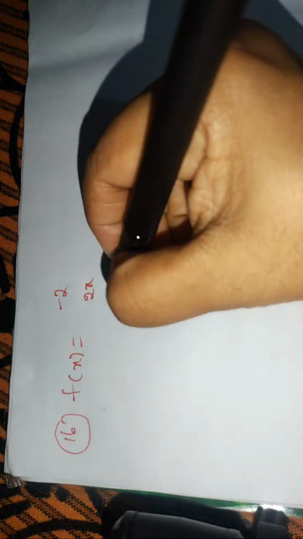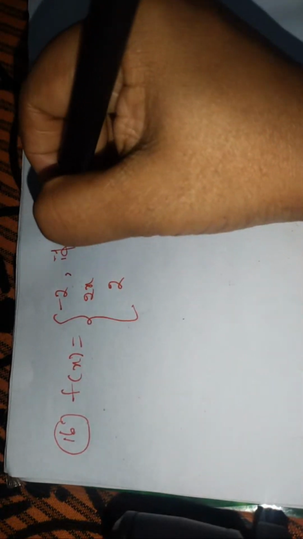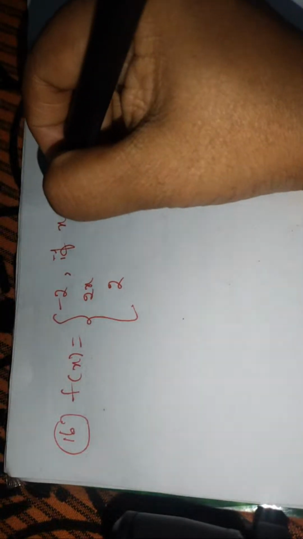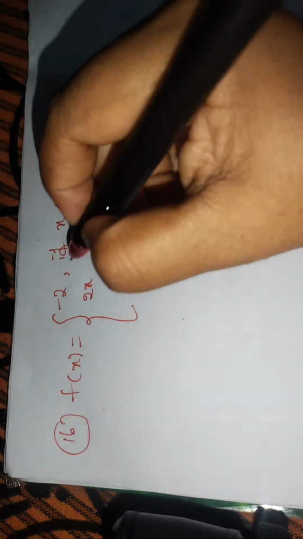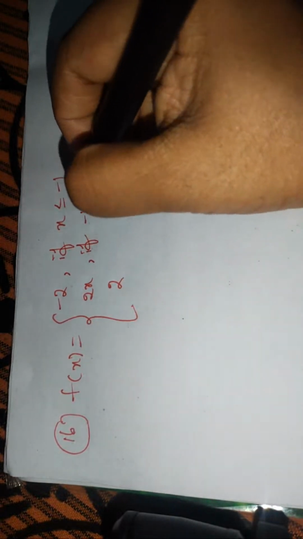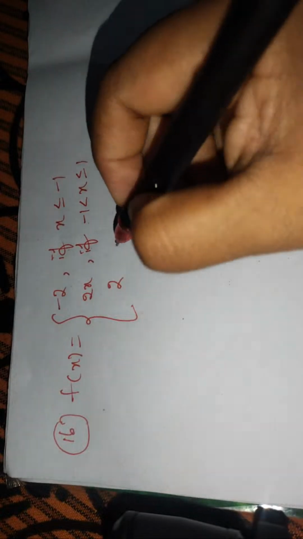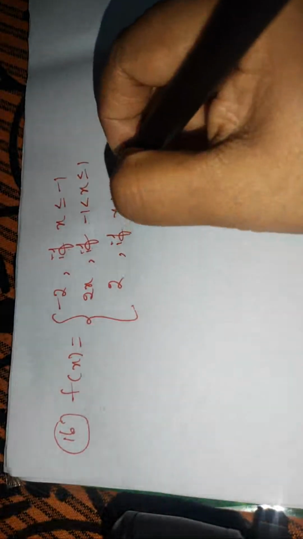The 16th question is: f of x is equal to minus 2 if x is less than or equal to minus 1; 2x if minus 1 is less than x less than or equal to 1; and 2 if x is greater than 1. So, this is the question.